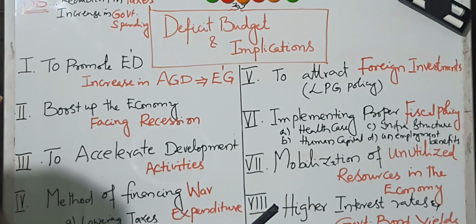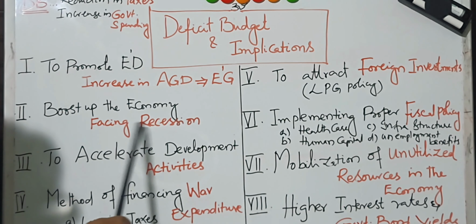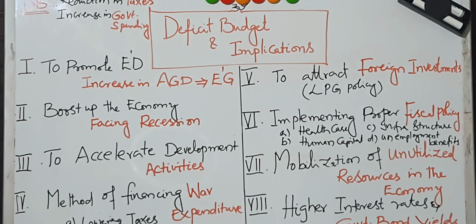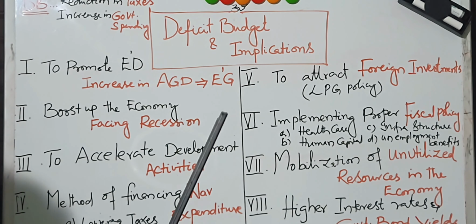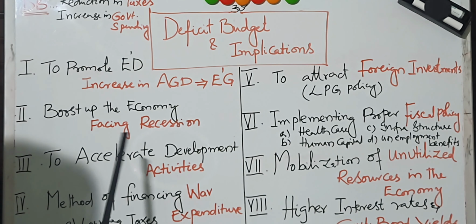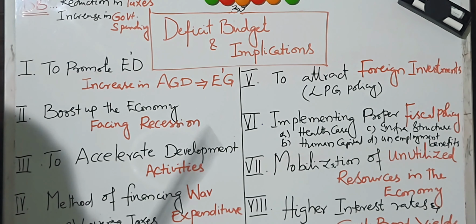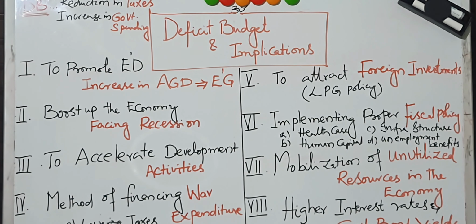Second one, boost up the economy. In the period of recession, there is no purchasing power with the consumers. By boosting up the economy during the phase of recession, there is a need of government spending on so many activities.